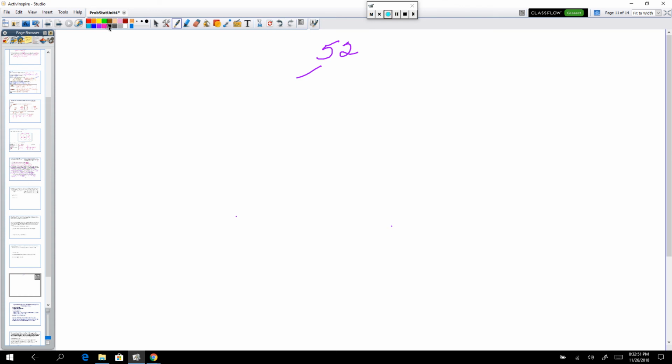Your first suit is spade, and that's a black set of cards. Then you have clubs, that's another black set of cards. Then you have hearts, that's a red set of cards. And you have diamonds, that's also a red set of cards.